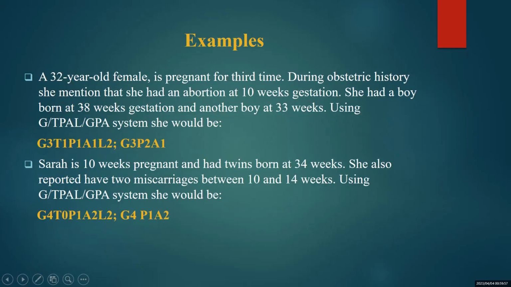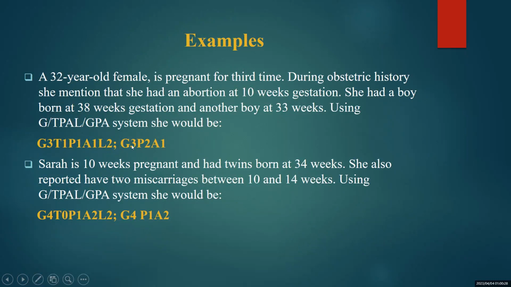She has carried one pregnancy to term, that is 38 weeks gestation, and one preterm pregnancy at 33 weeks, and she has had one abortion at 10 weeks gestation, and she has 2 boys. So she is G3, T1, P1, A1, L2.